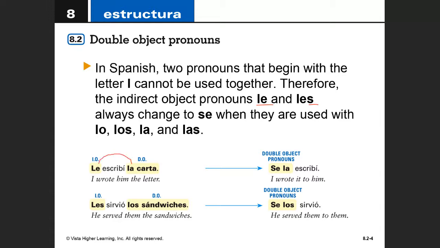Le escribí la carta, or les sirvió los sándwiches. It would be something like le la, or les los. Now we said that that is not possible. That is why we are using se over here. Okay?